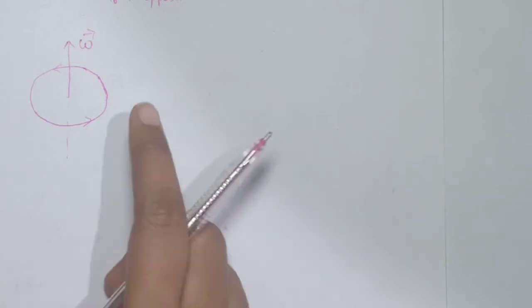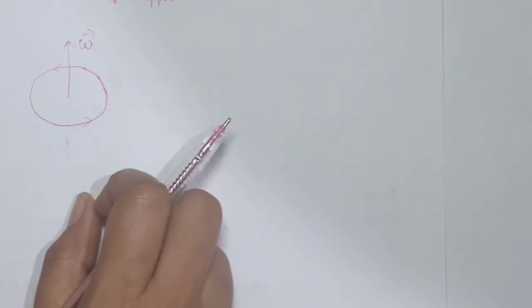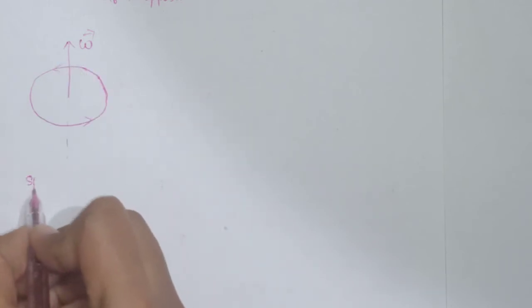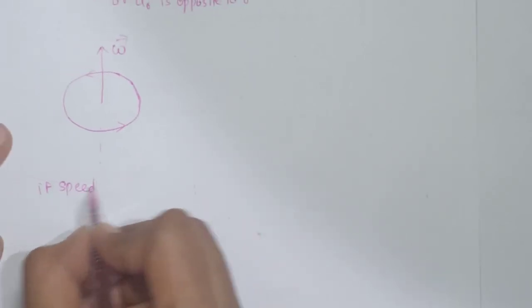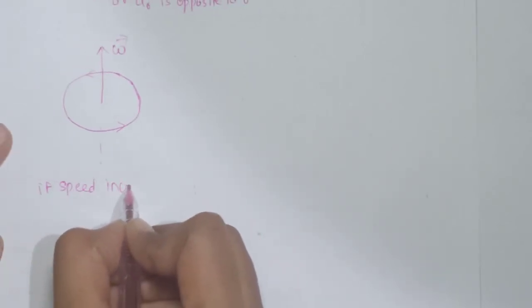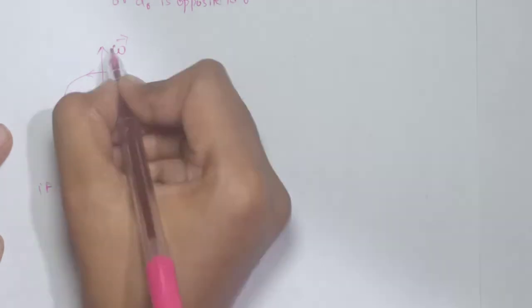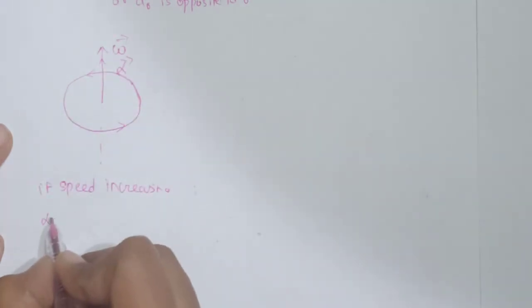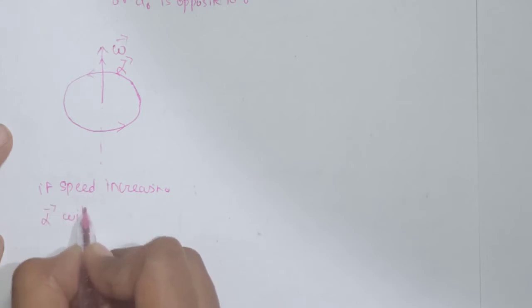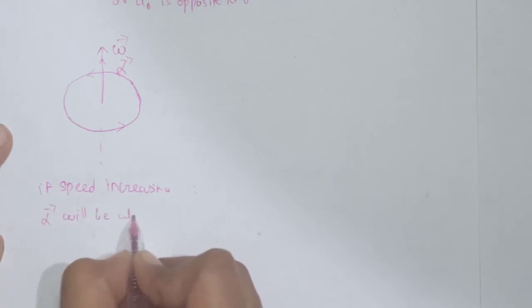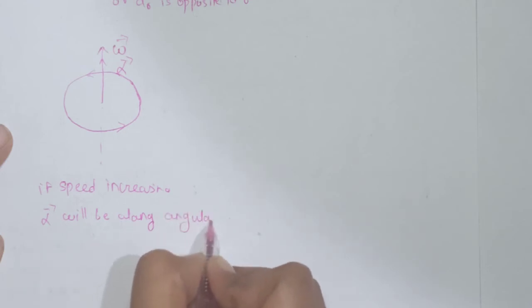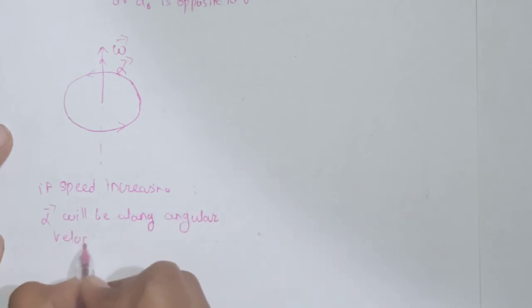Now to find the direction of angular acceleration, if the speed is increasing, the direction of alpha, so vector alpha, will be along the angular velocity.